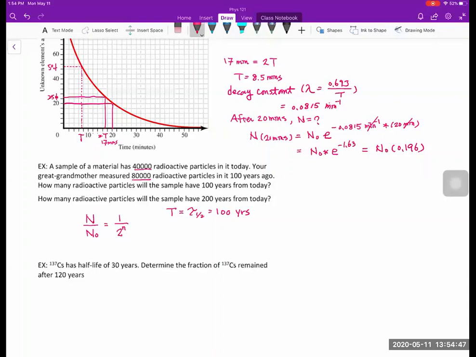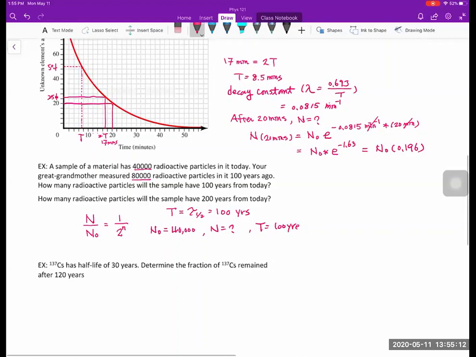Now, after another 100 years, how much amount left? Now, you start with 40,000. That's your starting point. And if you make the N0 to be the starting point, you try to find what is N equal to, and you know the T is 100 years. And how many of the 100 years after?